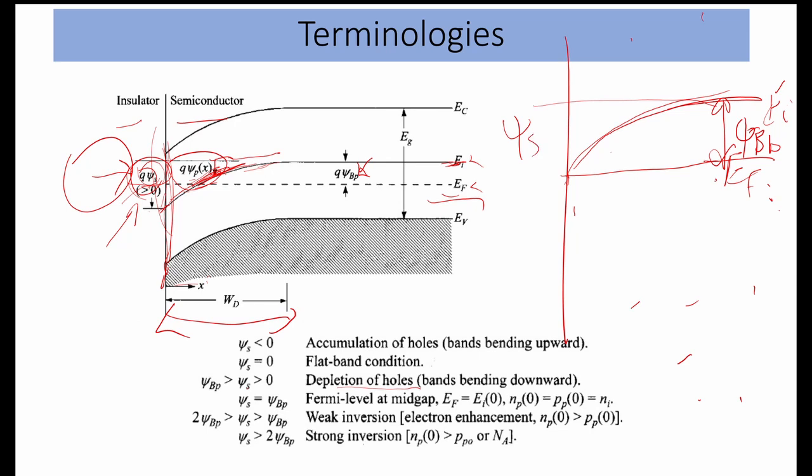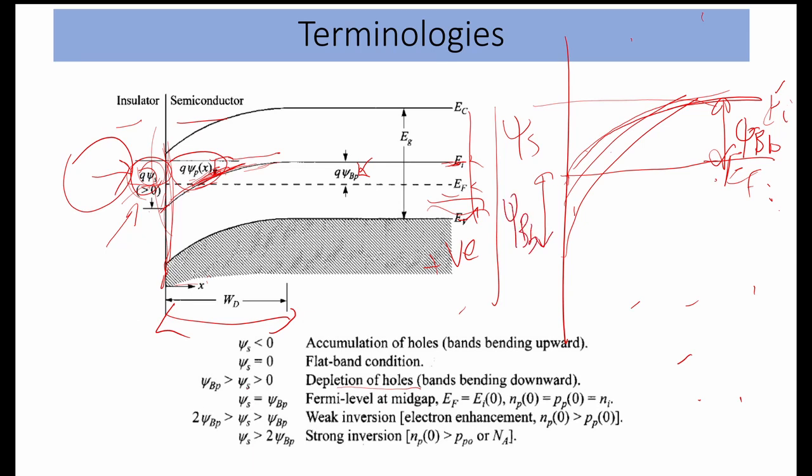So if we apply more positive voltage at the metal junction, the band will move further and further, so this gap is also equal to psi BP.